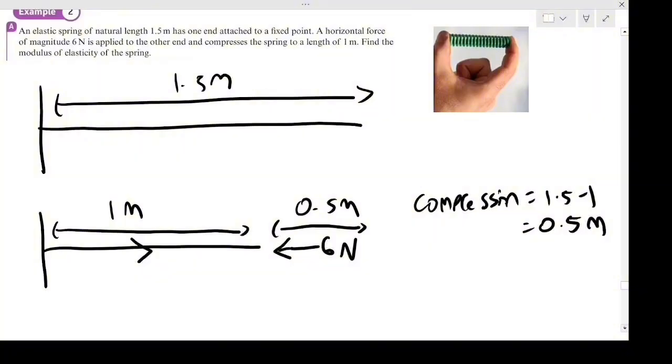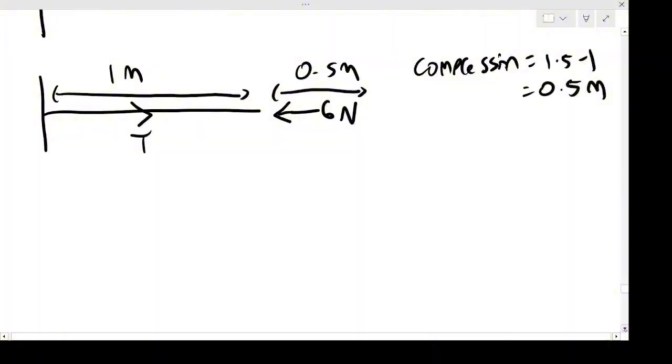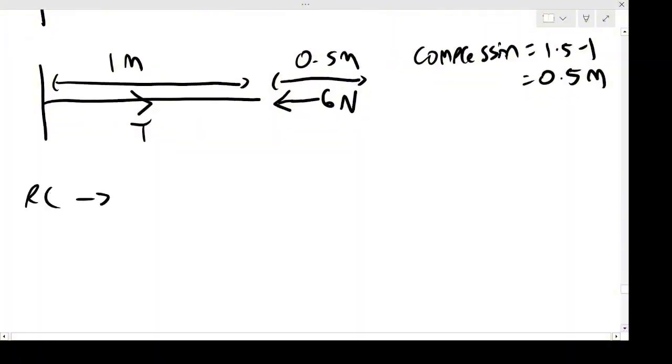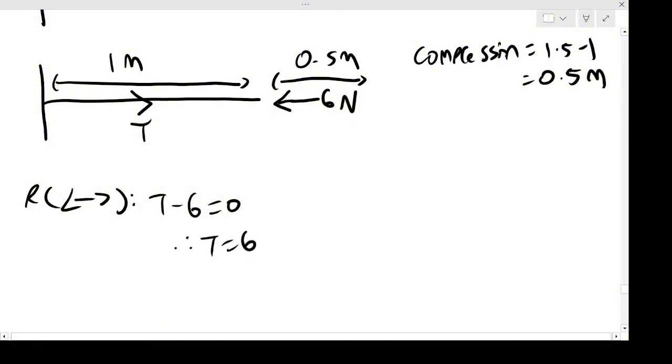That's going to be T. Technically, it's going to be a thrust force because we're dealing with compression here. Hopefully happy with that. So now, if I resolve forwards and backwards, right and left, my T forces to the right, take away the 6 to the left, that's going to equal 0. There's no acceleration, no movement, so therefore T is 6.